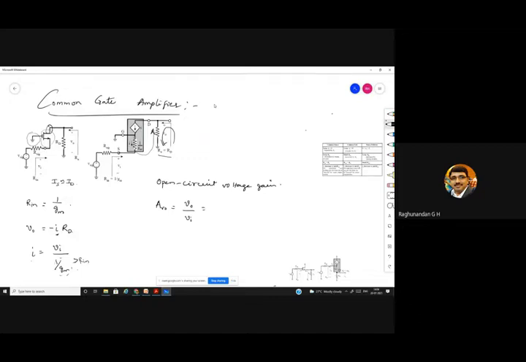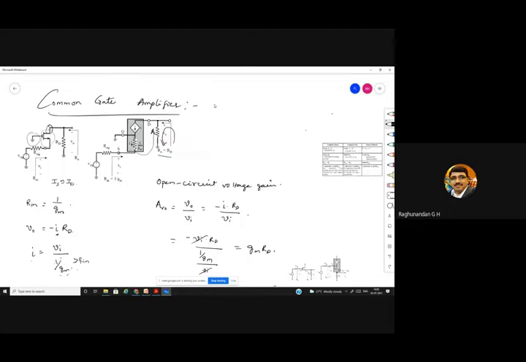When you substitute V naught, you'll get minus I into RD by Vi, and when you substitute the I value, it will be minus Vi into RD by 1 by Gm, divided by Vi. So the Vi terms get cancelled and you will have Gm into RD.